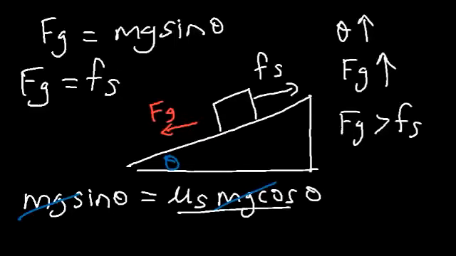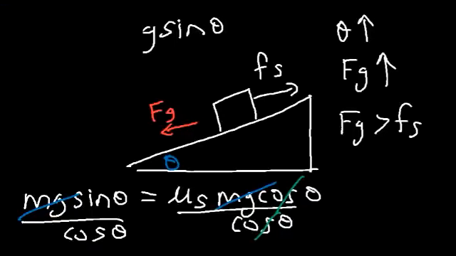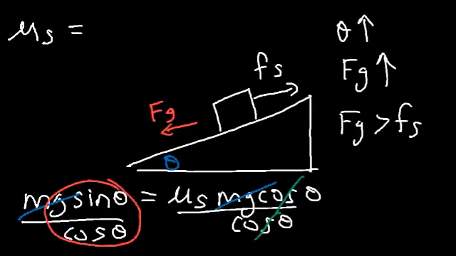Now, if we divide both sides by cosine theta, we can see that mu s is equal to sine theta divided by cosine theta, which is equal to tangent theta.